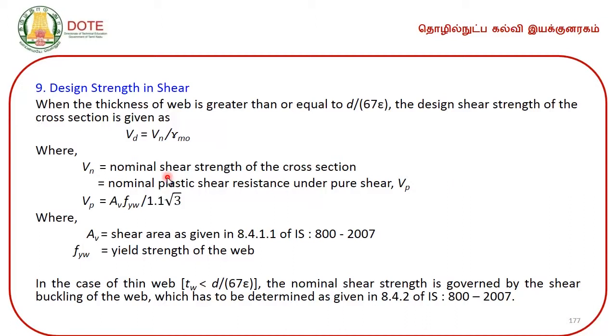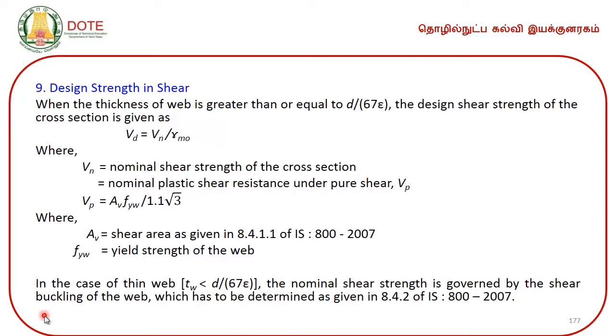When the thickness of web is greater than or equal to d by 67 epsilon, then the design shear strength of the cross section is given by V d is equal to V n by gamma m naught, where V n is the nominal shear strength of the cross section and it is given by the expression A v into F y w by 1.1 times root 3. Again A v is the area in shear and F y w is the yield strength of the web, and 1.1 is a partial safety factor for the yield strength of the material.